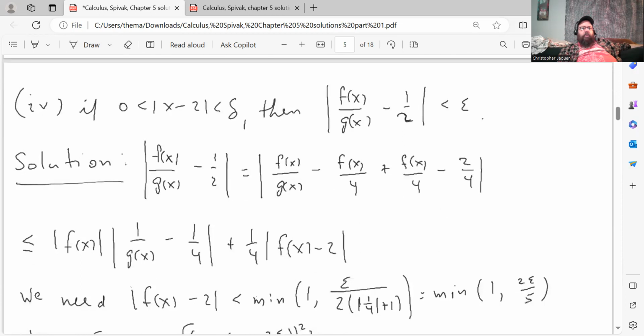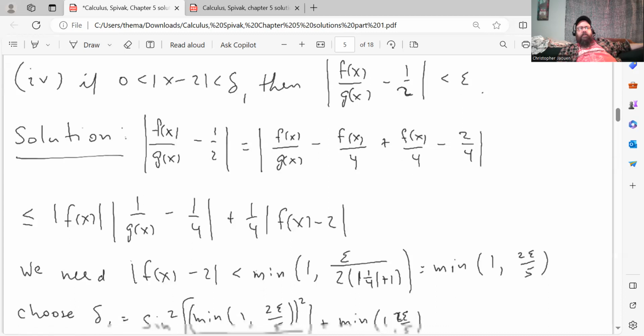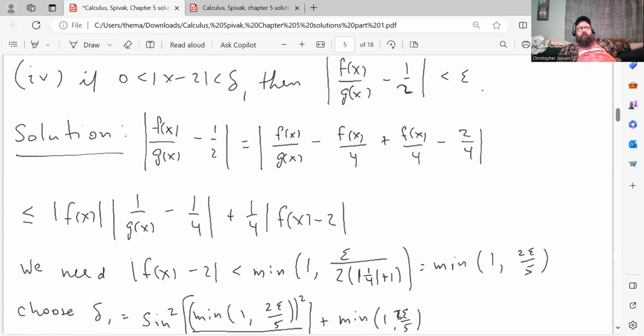Okay, question 4. Again, same idea. If 0 < |x - 2| < delta, then we want |f(x)/g(x) - 1/2| to be less than epsilon. So again, we need to find this delta. Using a similar trick to part 2, I can rewrite this expression as f(x)/g(x) - f(x)/4 + f(x)/4.